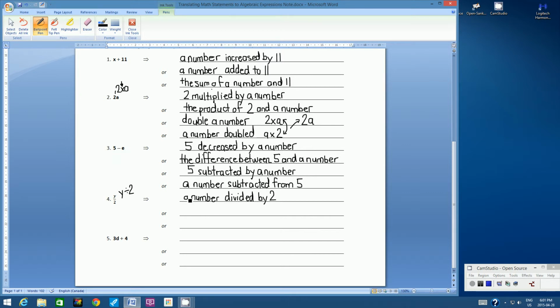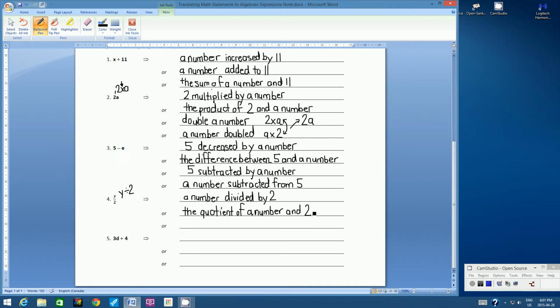So I want to use that fancy term in the chart. I want to use the quotient. So the quotient is simply the answer of a division question. That's what it means. So the quotient of, now you got to be careful of the order here. Numerator first, of a number and 2.